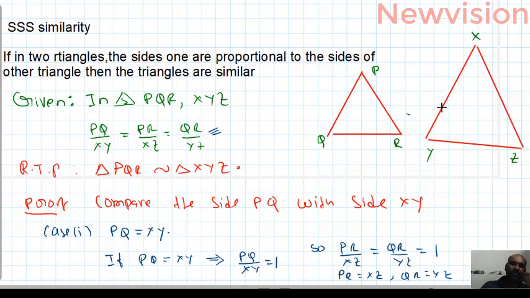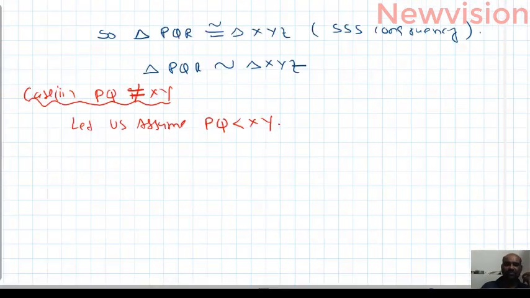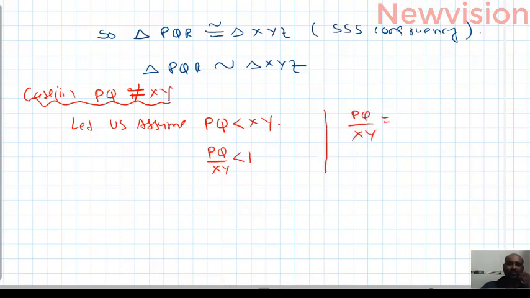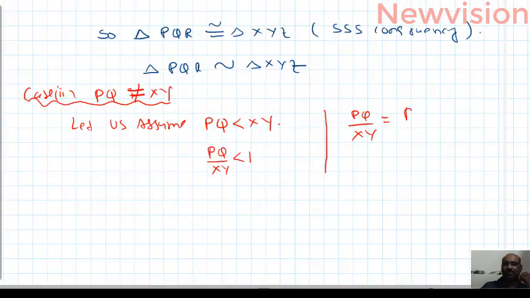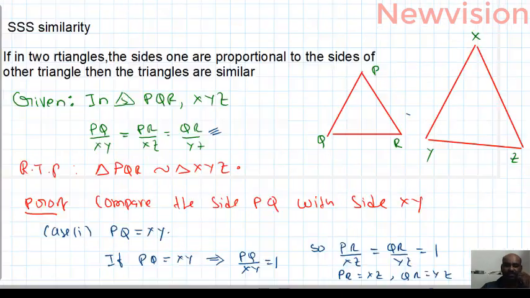Again, we want to locate a point like that. One more thing, PQ less than XY, what happened? PQ by XY is less than 1. So what we have here actually? PQ by XY equal to PR by XZ equal to QR by YZ.